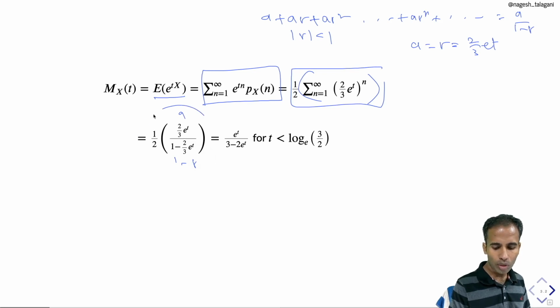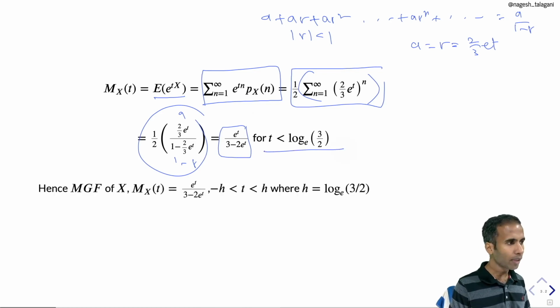This whole thing simplifies to e^t/(3 - 2e^t), which makes sense for any t less than log(3/2). So in particular, we can pick our interval to be -h to h, where h equals log(3/2).